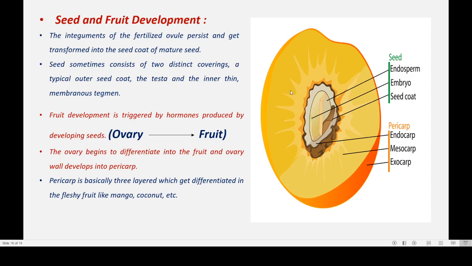This middle layer is the mesocarp, and inner to the mesocarp you will find the endocarp. If you imagine a mango, the part which we do not eat is the endocarp, what we eat is the mesocarp, and the outermost layer is the exocarp. So this is how the pericarp divides into three layers. This is the structure of the fruit.